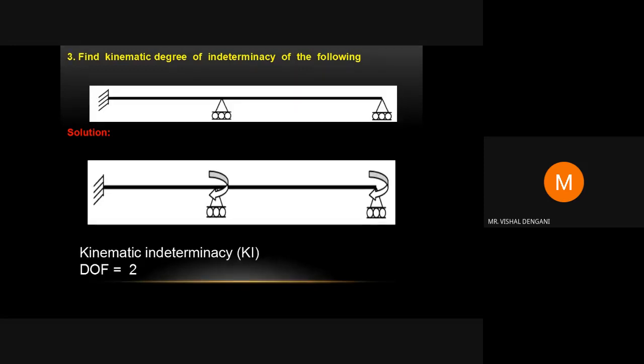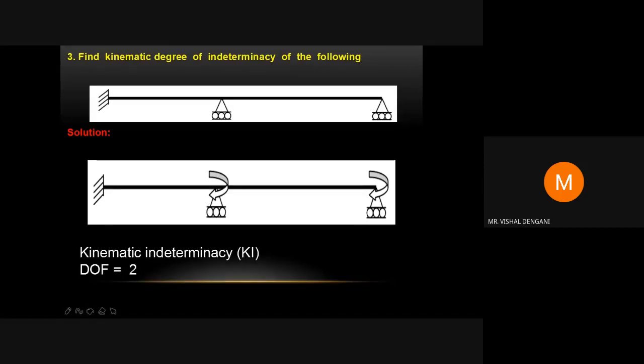Then you can see here, degree of indeterminacy for the third problem: at fixed support, no displacement, so degree of freedom will be 0 at fixed support. Degree of freedom at roller support is 1, no delta x will be there, so theta z. Again here it is roller support, so theta z.